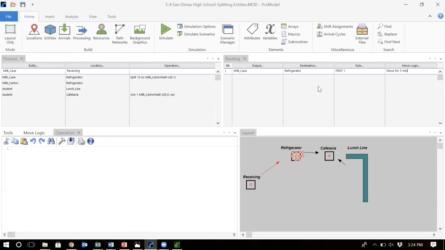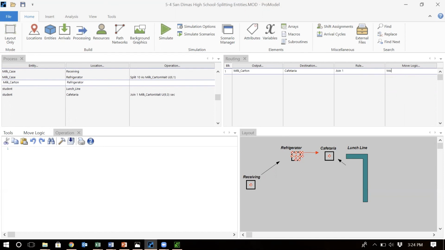There's also another move time between refrigerator and the cafeteria. There is a 10 seconds move time between refrigerator and cafeteria when the milk carton goes from the refrigerator to the cafeteria. It is exponentially distributed.